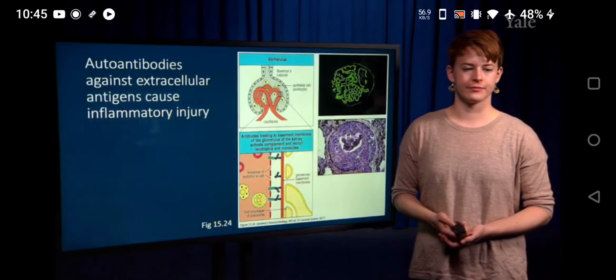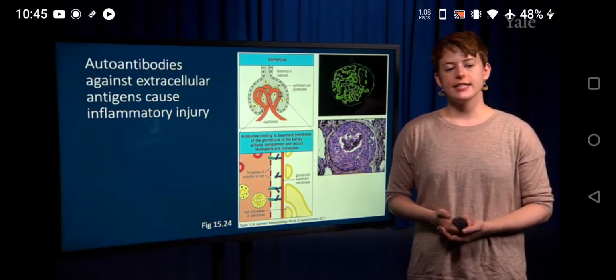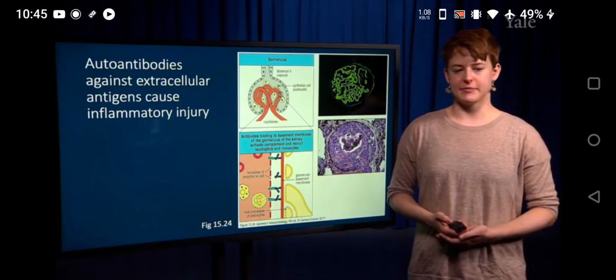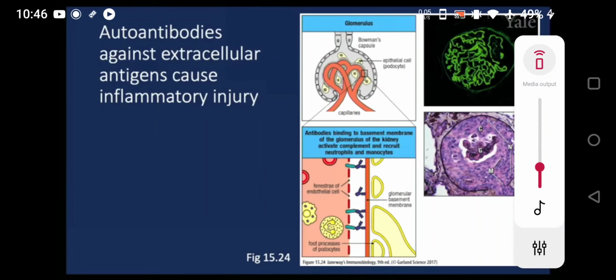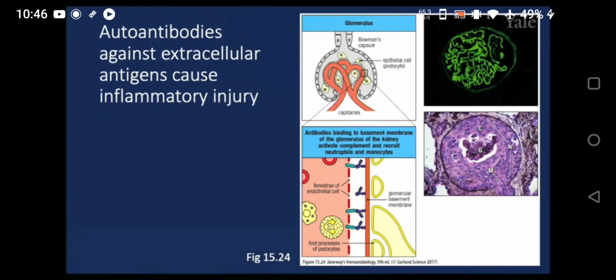So additional autoantibodies that are against extracellular antigens can cause inflammatory injury. So this is an example of how this damage can happen in the kidney. So the basement membrane is really an important barrier between blood vessels and other parts of tissues in the body. But antibodies that bind to the basement membrane in the kidney will, again, like we've talked about, activate complement and recruit immune cells like neutrophils.